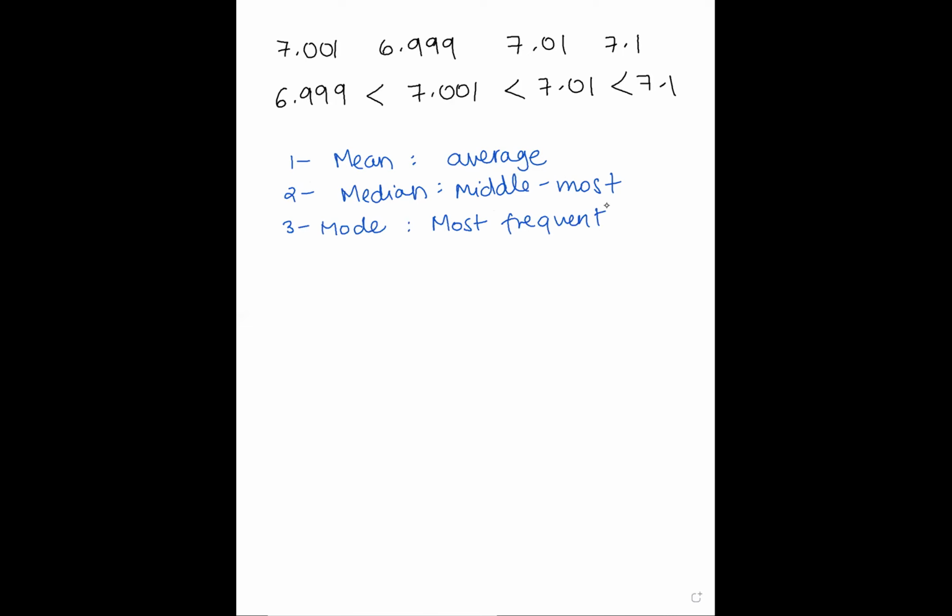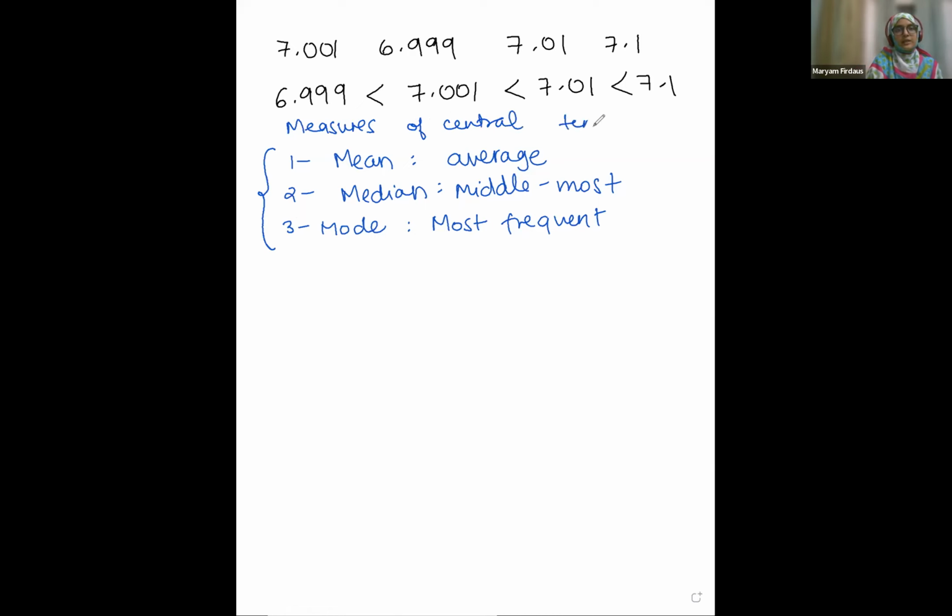Okay. So let's do some questions on this. There's one more thing, which is a little bit different from mean, median, and mode. By the way, mean, median, and mode are called measures of central tendency. Why are they called that?